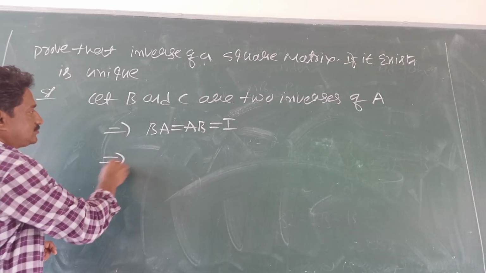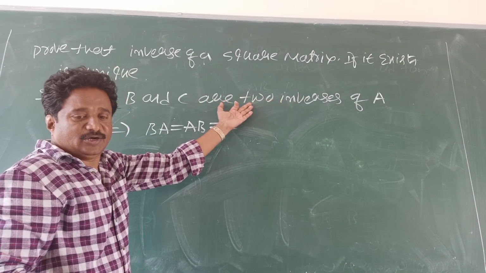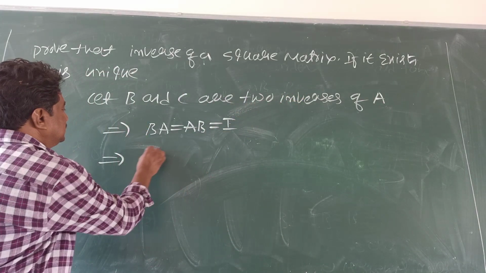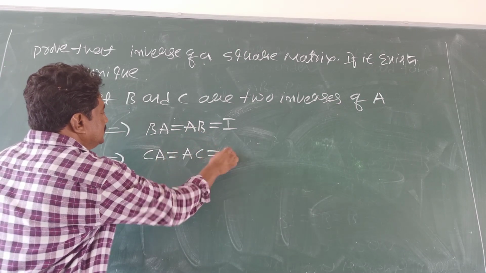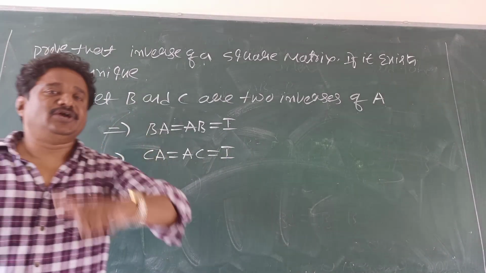Again, C is also an inverse of A, according to our assumption. Therefore CA = AC = I, according to the definition.